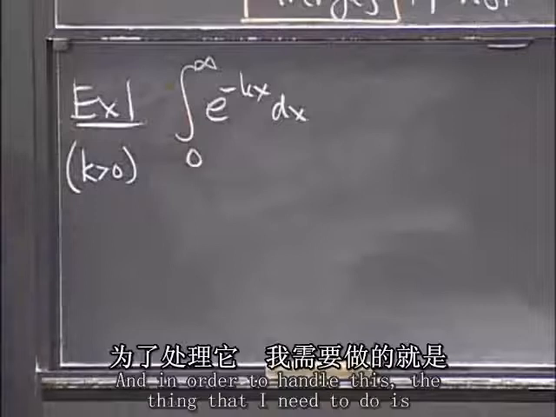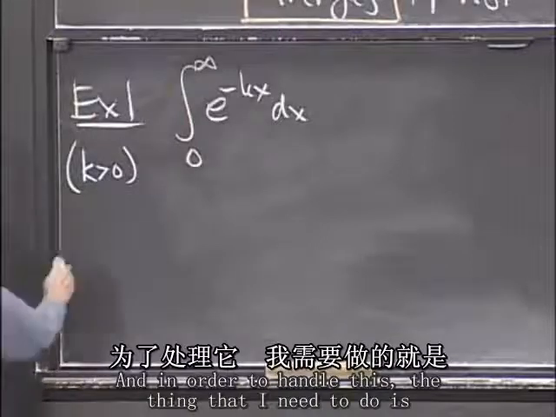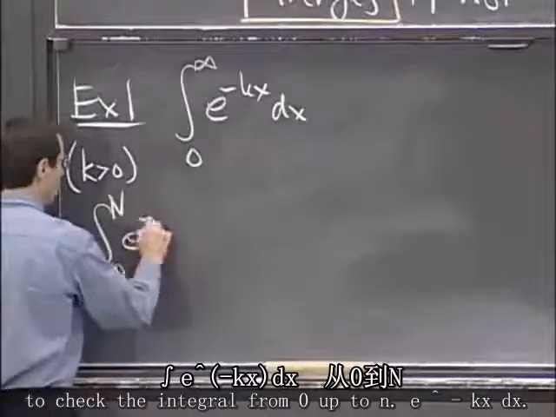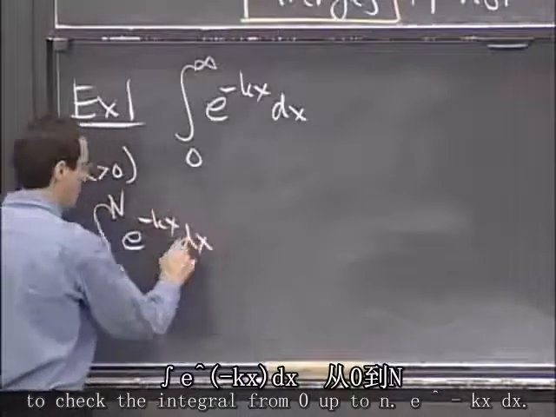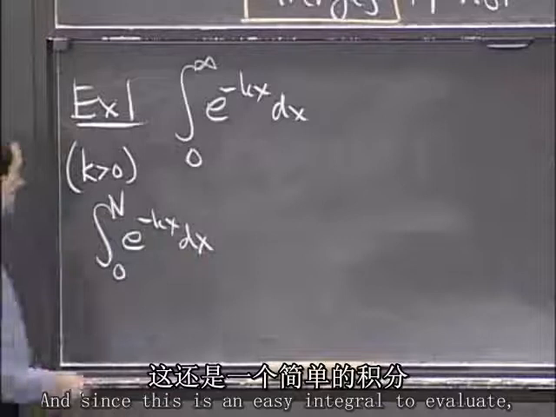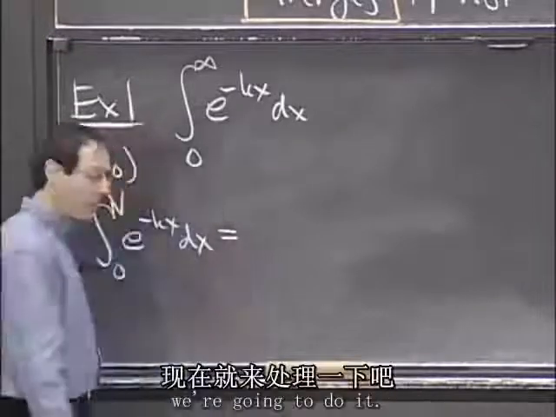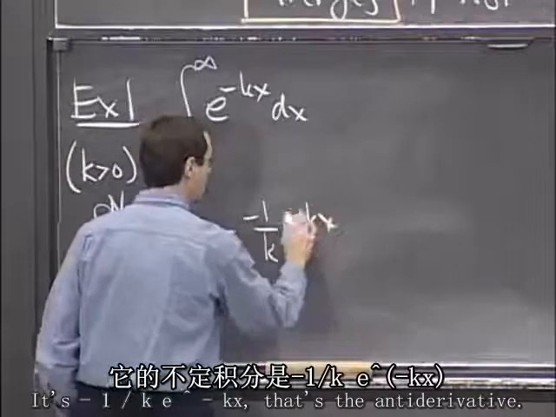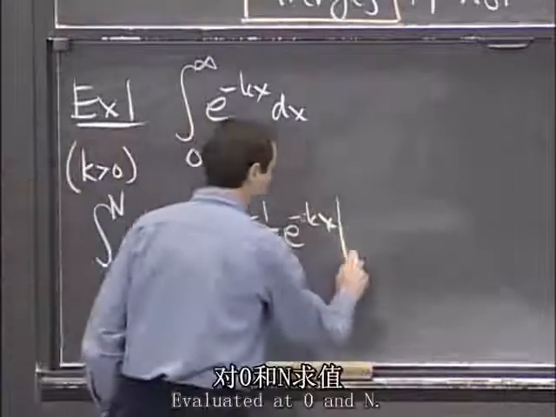Now, in order to handle this, what I need to do is to check the integral from 0 up to n of e to the minus kx dx. Since this is an easy integral to evaluate, we're going to do it. It's minus 1 over k e to the minus kx, that's the antiderivative, evaluated at 0 and n.